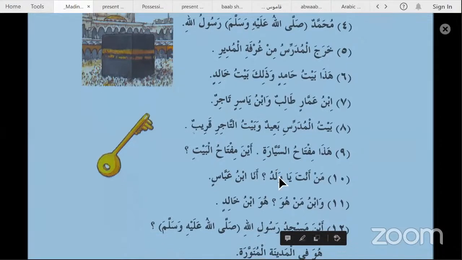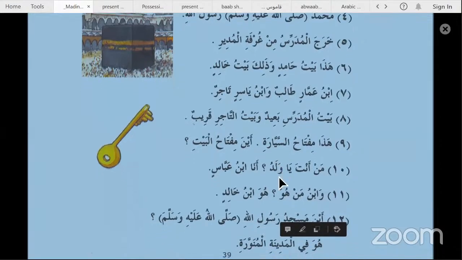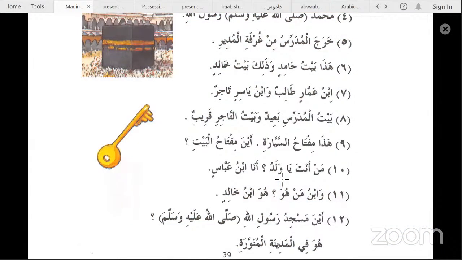Man anta ya waladu. Who are you, boy? Whose son is this? Ana ibn Abbas. He is the son of Abbas. Wabno man huwa. And who is this son?